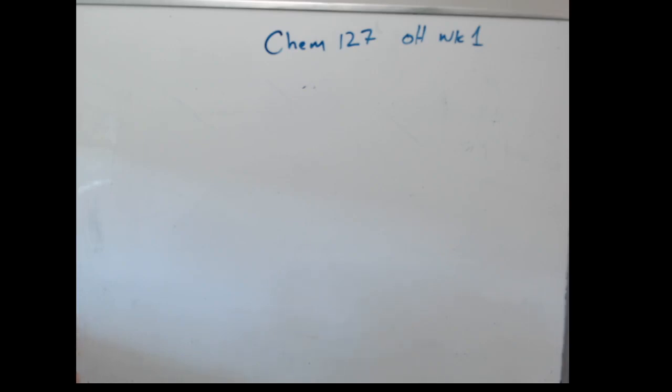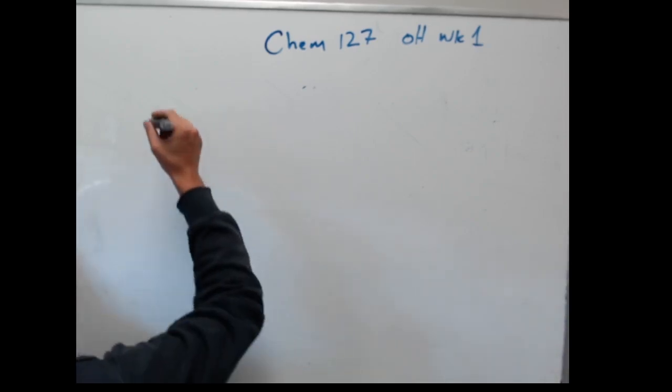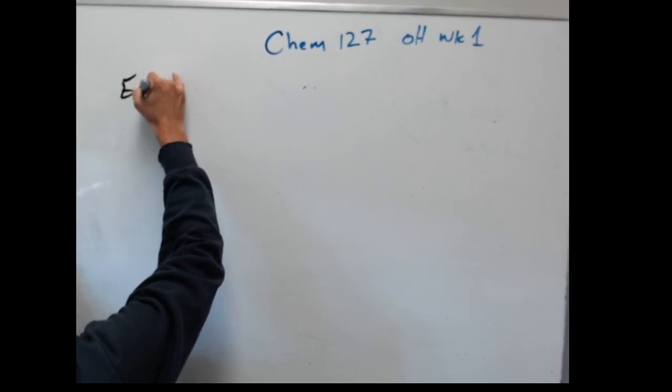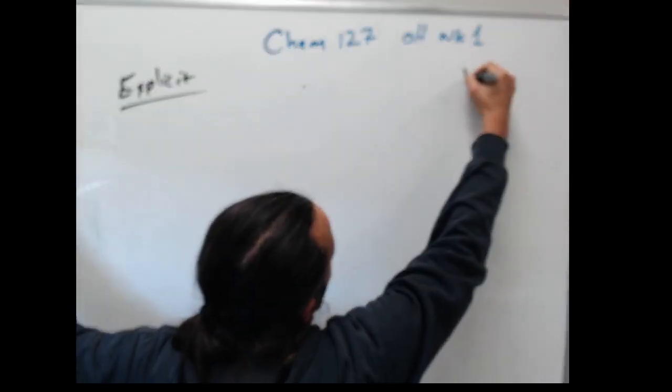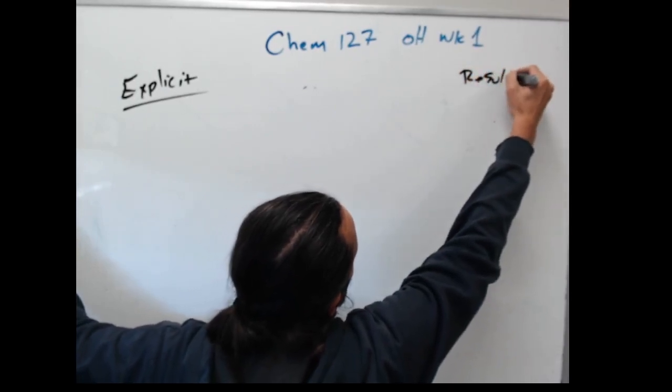Now, how am I actually going to find that? Talk to each other. What do you think you're going to do? I think you can set the volume equal to 100 milliliters, right?